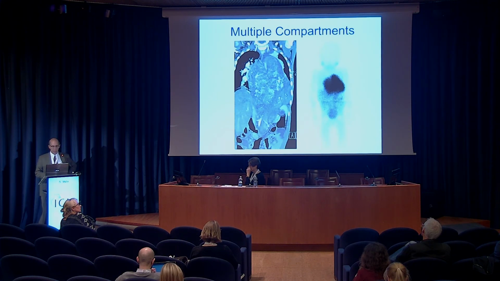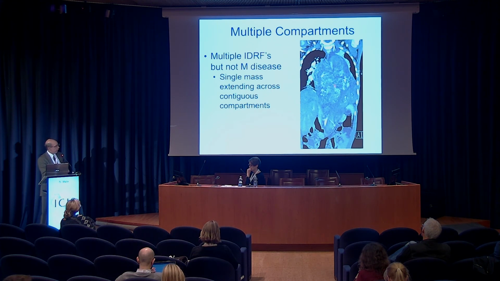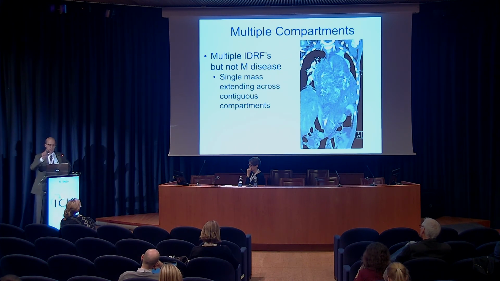Similarly here, we have an MIBG avid tumor that resides in both the thoracic and the upper abdominal compartment. Now, this patient has multiple IDRFs, but this is one IDRF. The encasement of the vessels is a second IDRF. But this is not considered metastatic disease, even though it's extending into the thorax, because these are contiguous compartments.